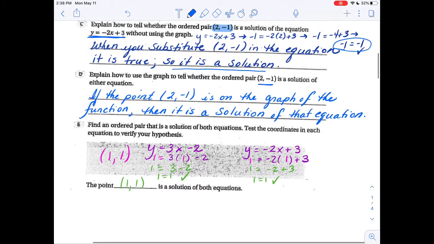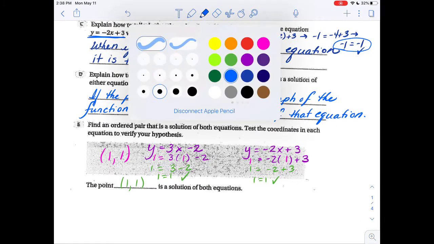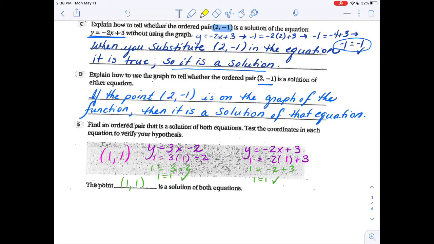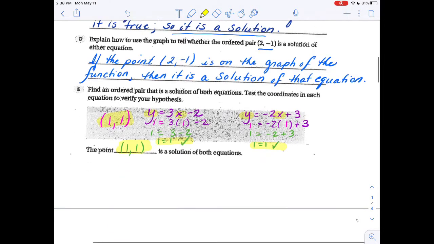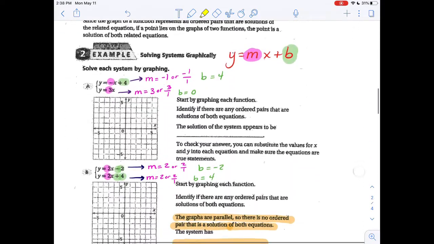And of course, if I ever asked you to check your work, which I've done many times, take that point that you have and plug it in to both the equations, changing your x and y to the point. If you get a true statement on both, then you know that is a solution to that system of equations. Let's go ahead and look at that next page.